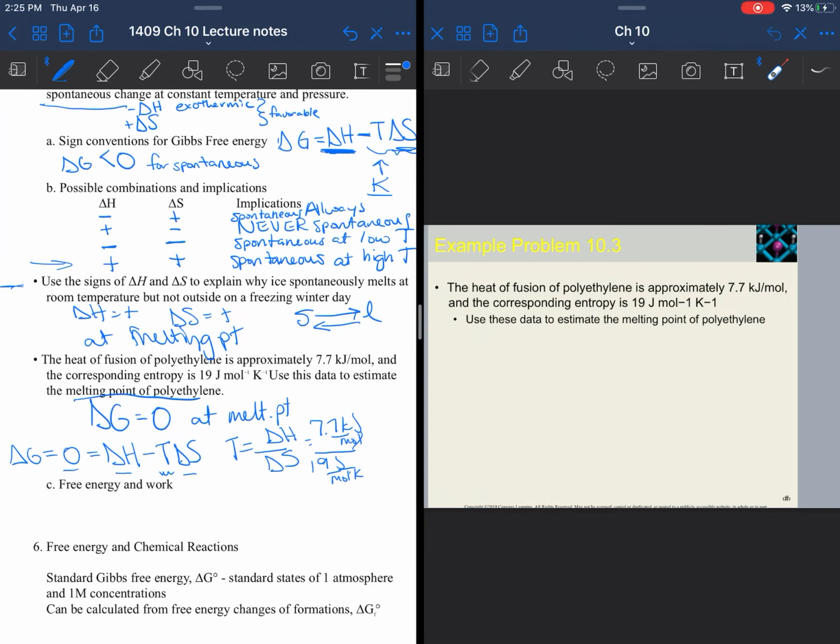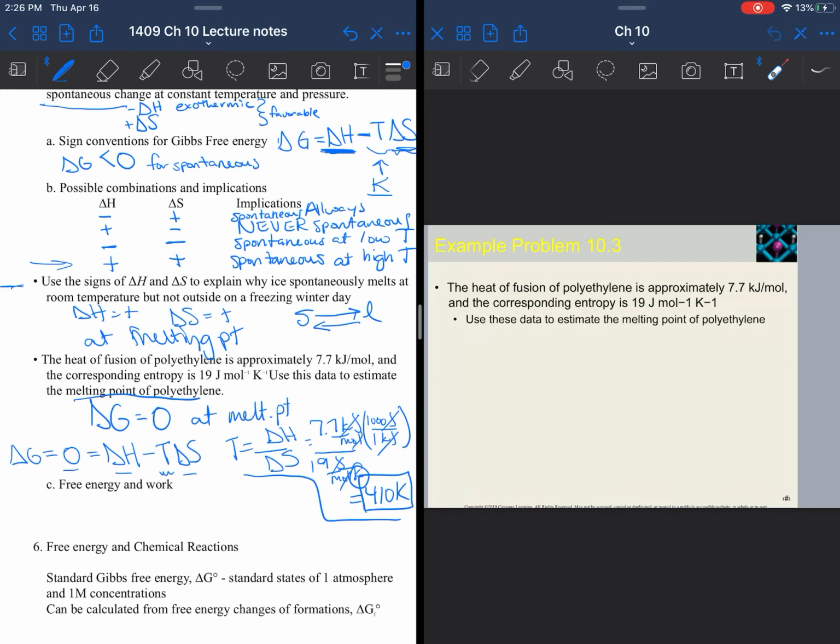Moles will cancel out and Kelvin will be on the top, but kilojoules and joules do not cancel each other out, so you need to convert one of them. I'm going to multiply that numerator by 1,000 because there are 1,000 joules in 1 kilojoule. Now kilojoules cancel out, joules cancel out, and all I'm left with is 1 over Kelvin, which is Kelvin. This is going to result in a temperature of 410 K.